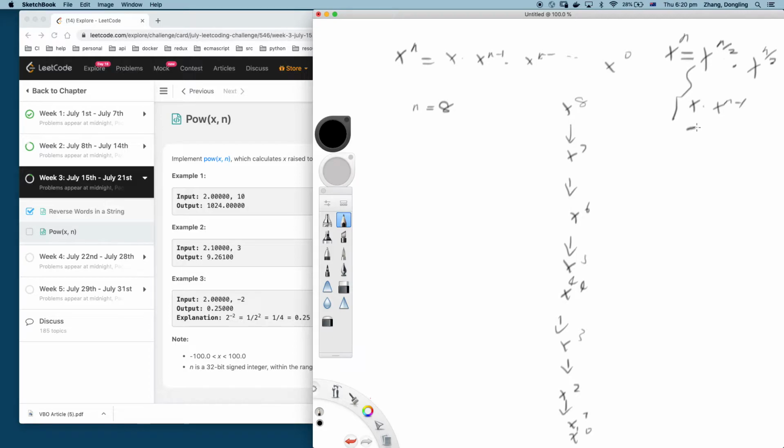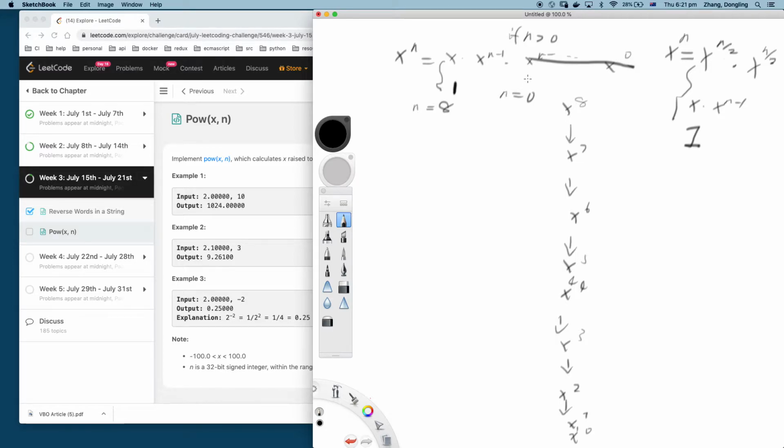Then another condition is n equal to 1. So we only have two conditions. It is x times x to the n minus 1 until n equals 0, so n greater than 0, and you recursively call it.